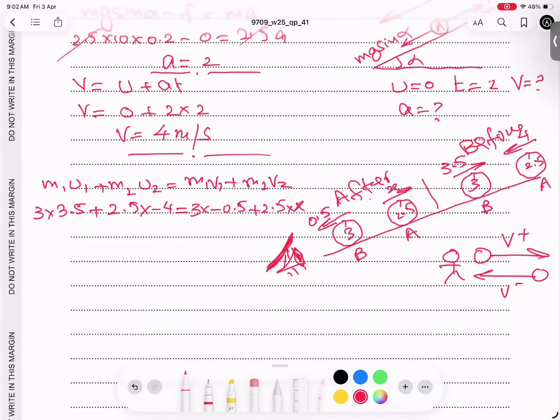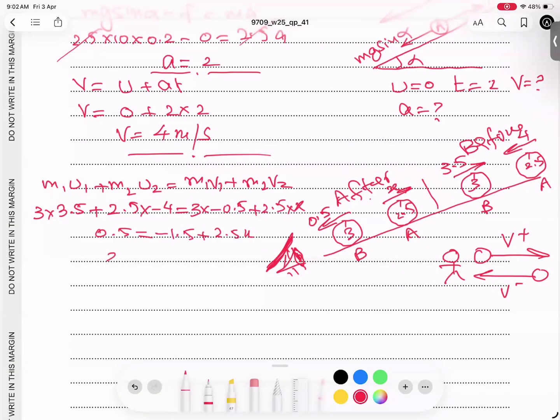Again, I'm going to solve it, and let me check in the calculator. 3 times 3.5 plus 2.5 into negative 4 turns out to be 0.5. And 3 times negative 0.5, I'm getting here negative 1.5.